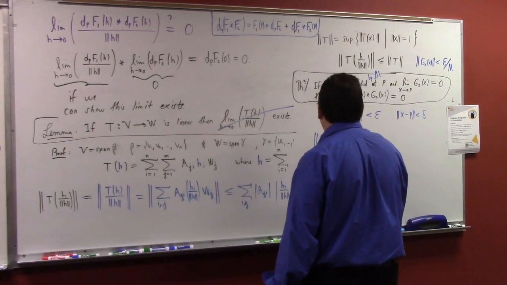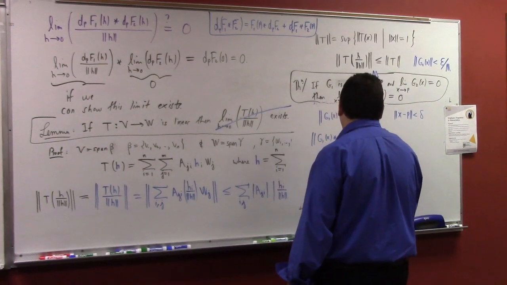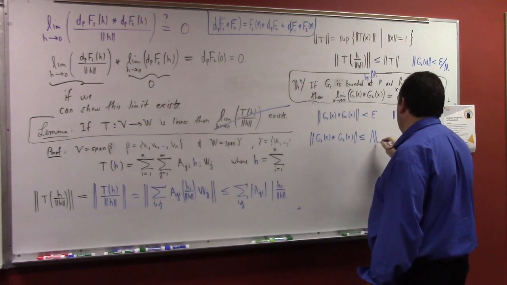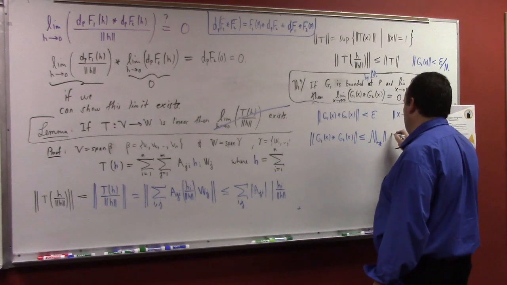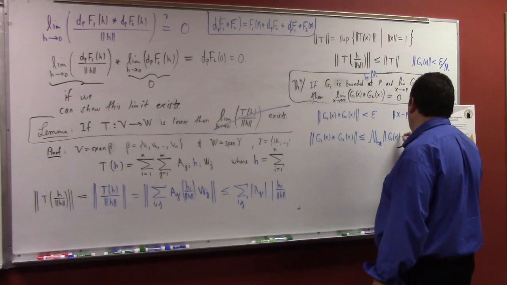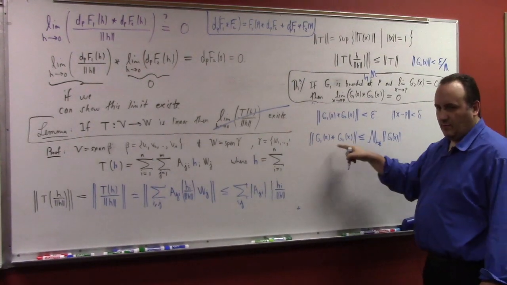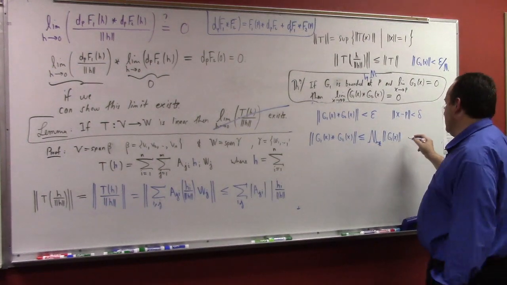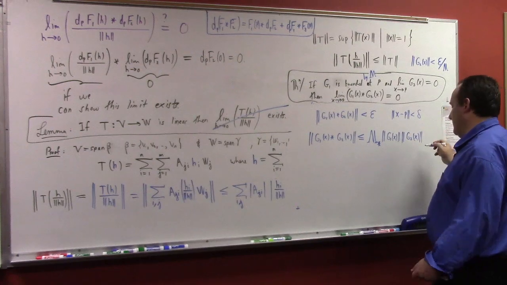We had a formula, right? That if we had the product of two vectors, then the norm was less than or equal to, remember what it was? Let's call it M sub star. I built a constant based on the product that makes the norm of the product less than or equal to that constant times the product of the norms, right? Okay, great.